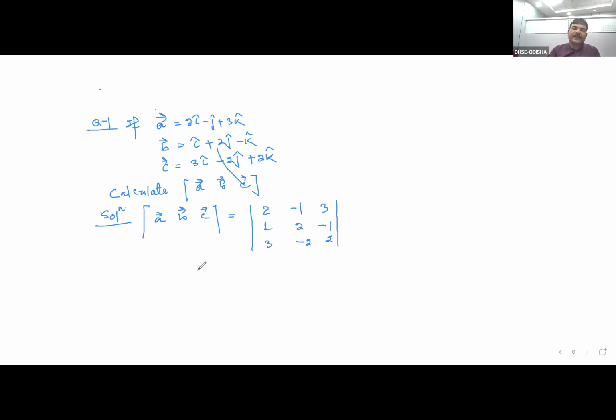Now expand this determinant along the first row. That will give 2 times the minor of 2, which is 4 minus 2, minus of minus 1, that is 1, into its minor, that is 2 plus 3, plus 3 into its minor, minus 2 minus 6.